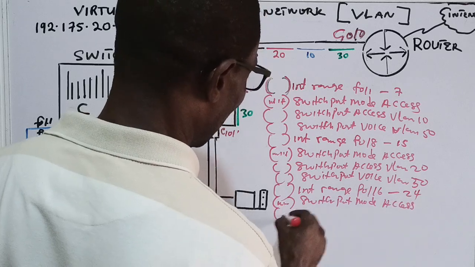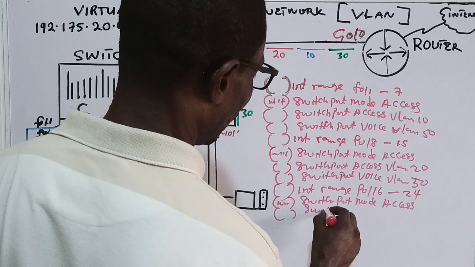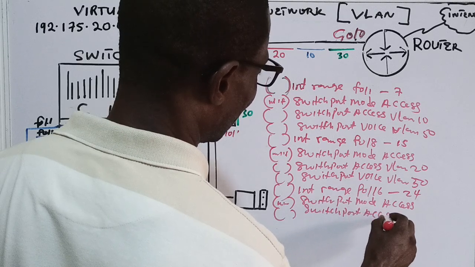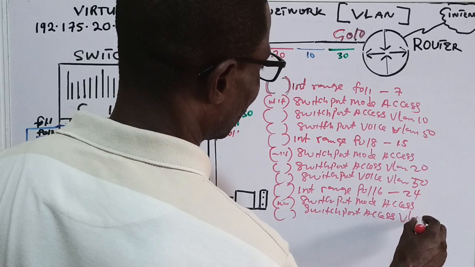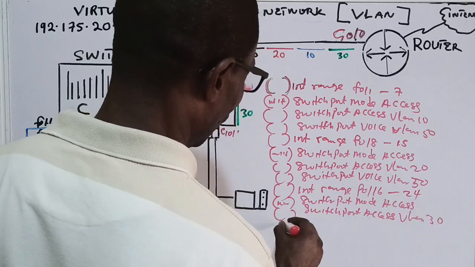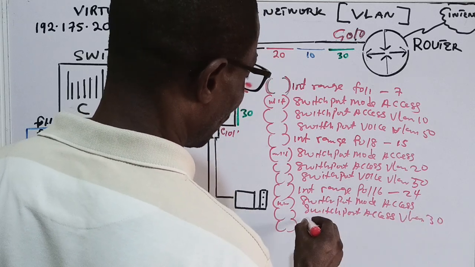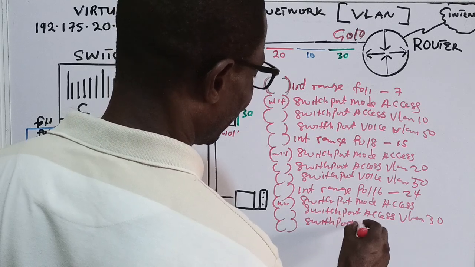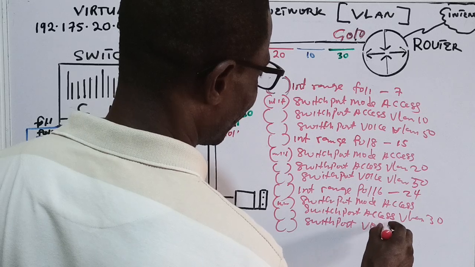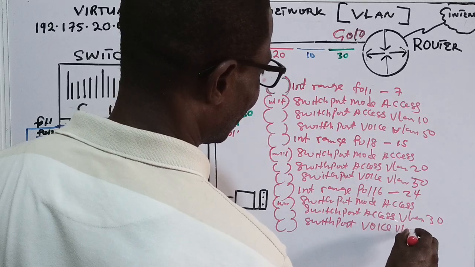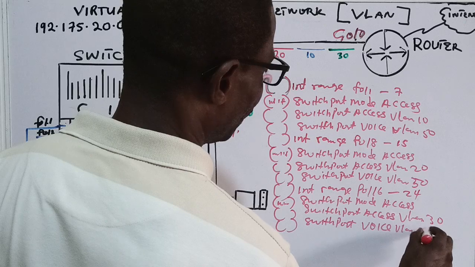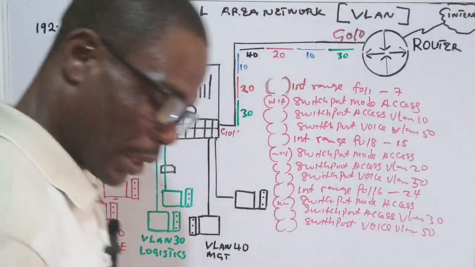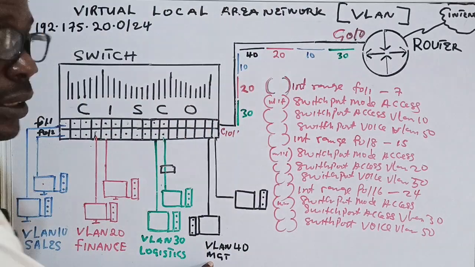You hit enter, switchport access VLAN 30. You hit enter, you're still in interface configuration mode, and assign voice: switchport voice VLAN 50, because voice is in VLAN 50. You hit enter.